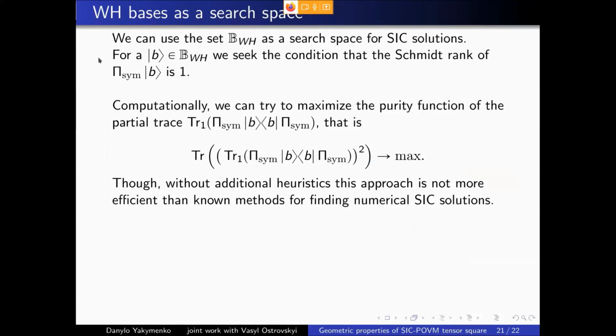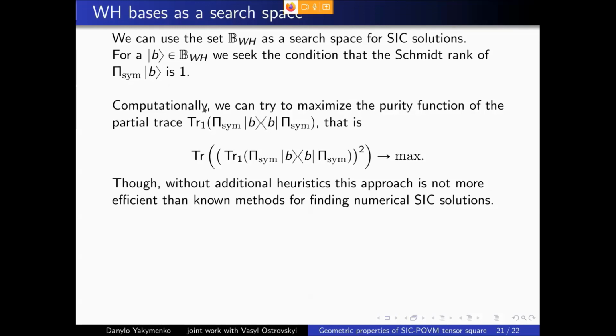And the last thing I want to say is that we can try to use this set of bases as a search space for all solutions. When we take a fiducial basis vector, we seek the condition that the Schmidt rank of the projection is just 1.